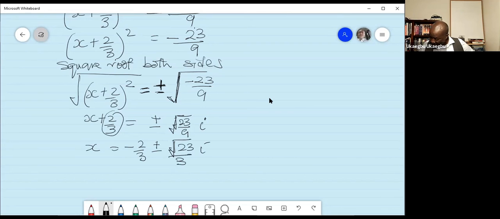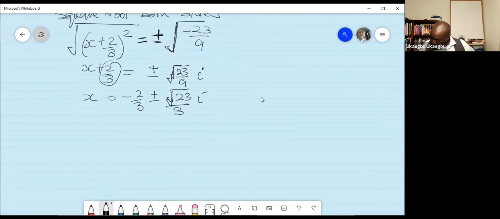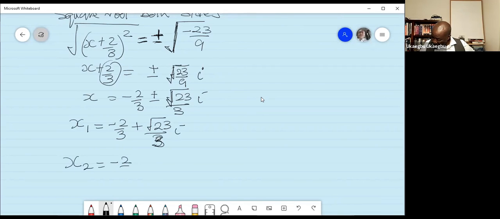All right, so here are your possible solutions. x1 equals negative 2/3 plus the square root of 23 over 3i. x2 would be negative 2/3 minus the square root of 23 over 3i.